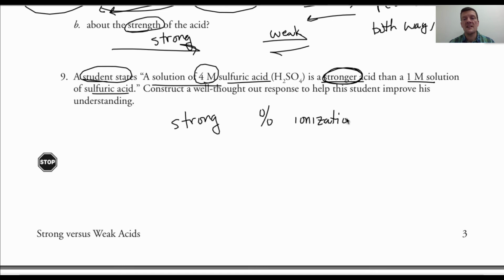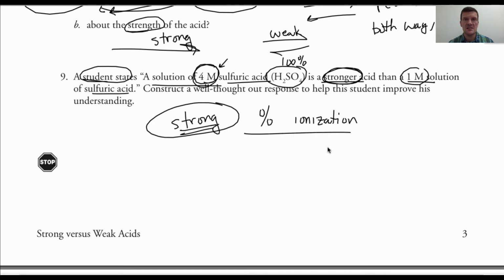That's how we're defining the strength of the acid. So H2SO4, if 100% of it ionizes, it doesn't matter if you've got 4 molar or 1 molar, it's always going to be 100% ionization. The strength of the acid is not determined by its concentration. The strength of the acid is determined by its percent ionization.